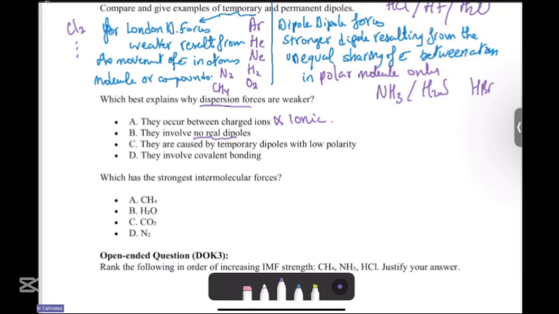Instantaneous dipoles are real dipoles, so you cannot just say no real dipoles. It's wrong. Covalent bonding is involved in intramolecular forces. They are caused by temporary, not permanent, instantaneous dipoles for low polarity, or what they mean, non-polar compounds.